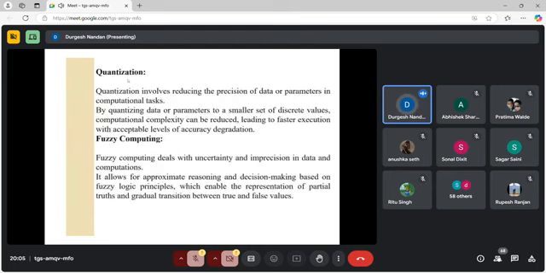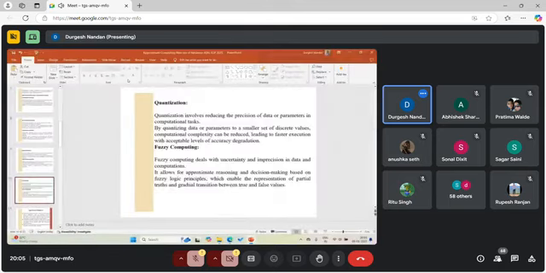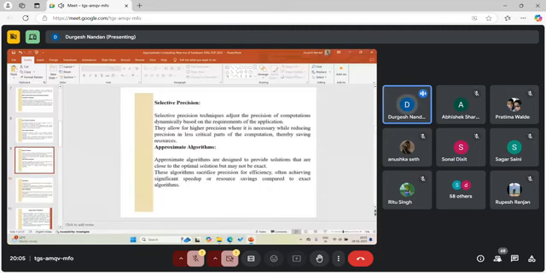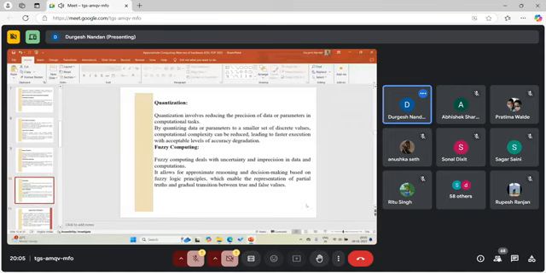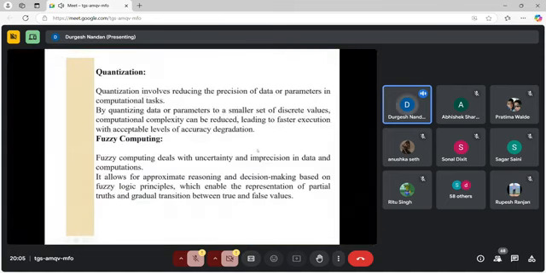Before that, we do a general discussion of approximate algorithms. One popular approximate algorithm is quantization.